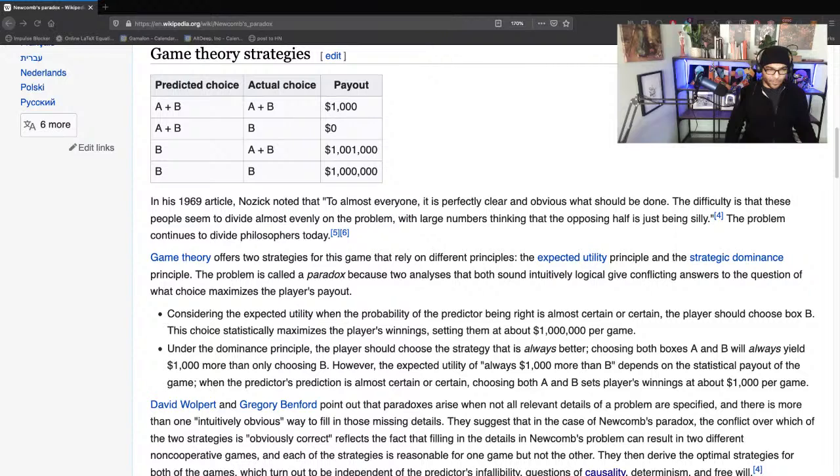So if we assume that them picking box A and B, or box B, is 50-50, then we have 50% probability here, 50% probability here, and so the expected utility would be half of this, which is 500,000, plus half of this, which is 500. Wait, no, that's wrong. I want to pick the choice.